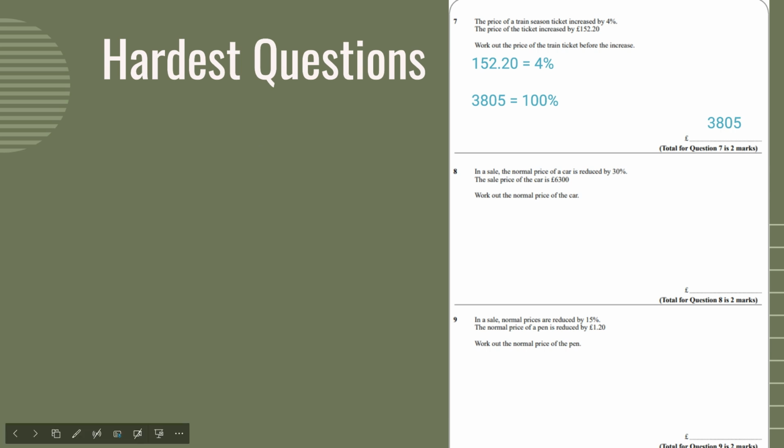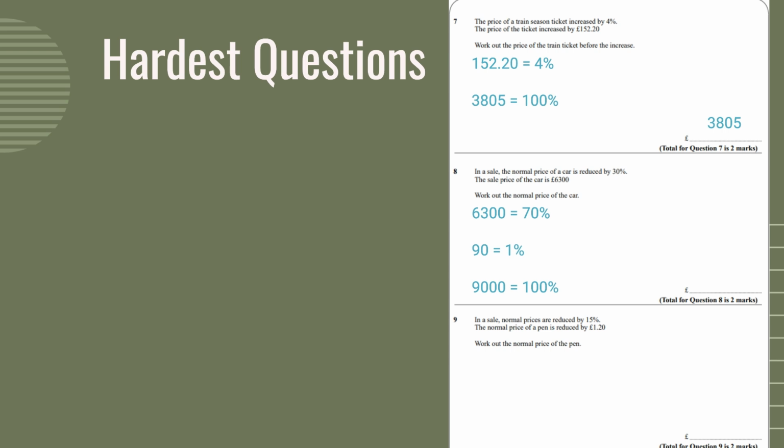In our second question, in a sale, the normal price of the car is reduced by 30%. The sale price of the car is £6,300. Work out the normal price of the car. 6,300 equals 70%, because if we do 100% minus 30%, that gives us 70%. And we know it's been reduced to the sale price. Now, this may be on a non-calculator paper, so you need to work out the quick mental tricks to divide 6,300 by 70.